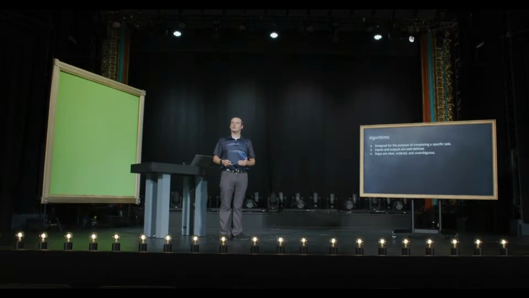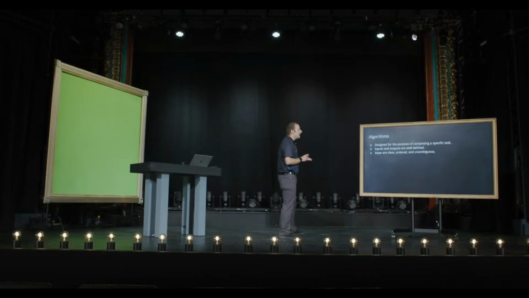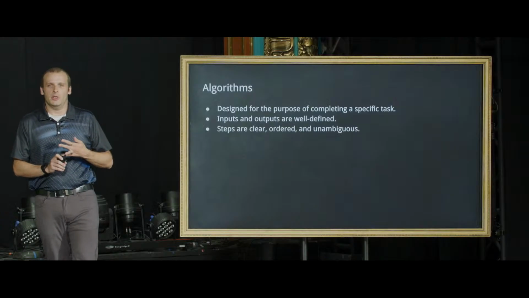Algorithms complete specific tasks. They also have well-defined inputs and outputs. So for example, let's go back to the idea of a recipe. If you're trying to make scrambled eggs for breakfast, you have all of your ingredients at the beginning, and you're trying to accomplish some objective at the end, namely a nice warm plate of scrambled eggs. In order to do so, you need to go through a sequence of steps that are clear and ordered and unambiguous.